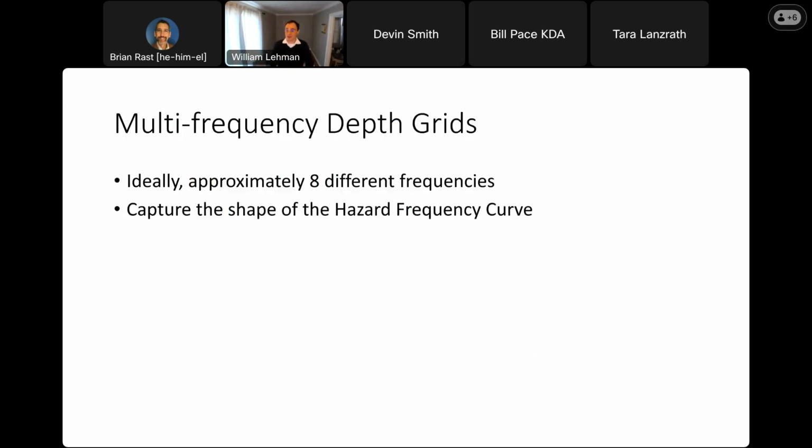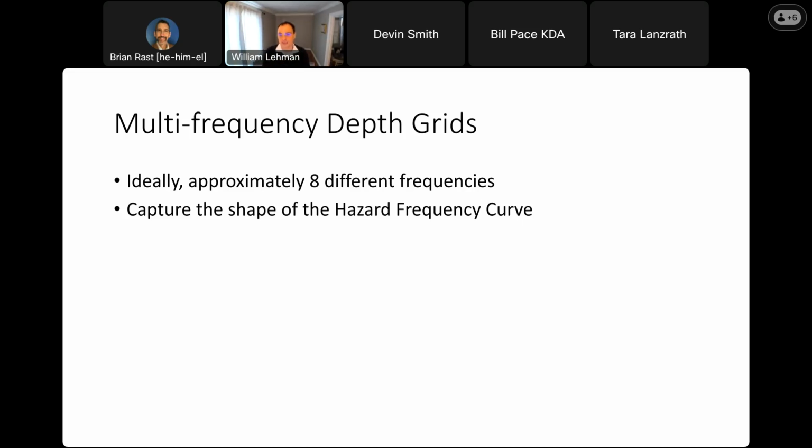So one thing that we need to be able to do this is multi-frequency depth grids across the domain that we're looking at. Ideally, we want to be able to draw the shape of the hazard frequency curve, which usually is nonlinear. So we would want to represent it with enough points to be able to capture that nonlinearity.